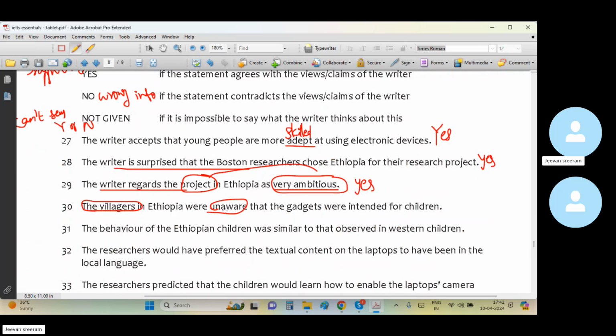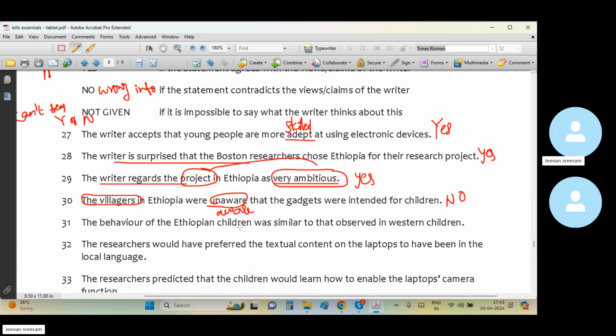So what do I have to do? If the statement had been given with "aware", the statement would have been yes. But it is no now. Yes, correct. Clear?